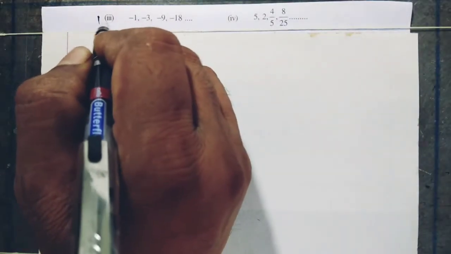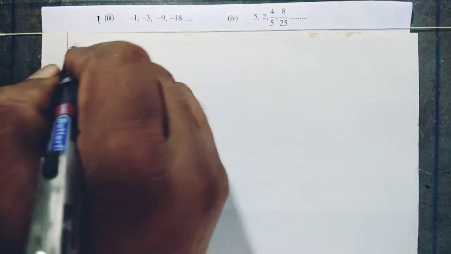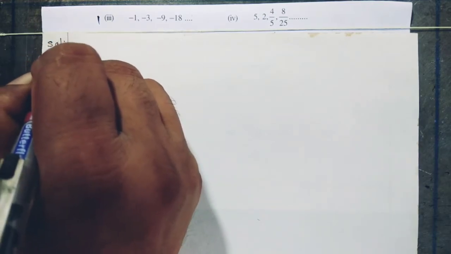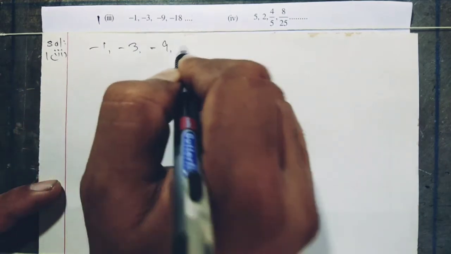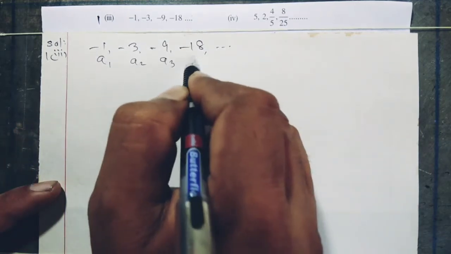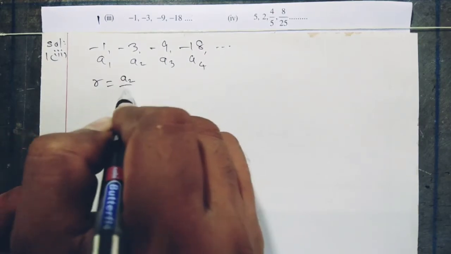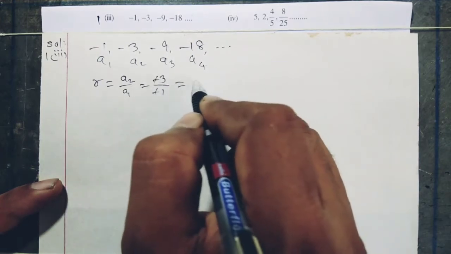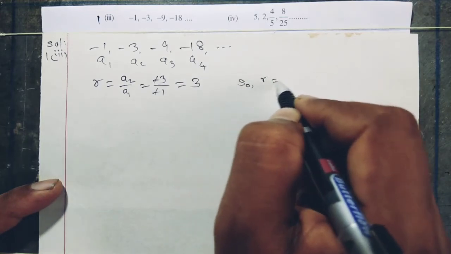First bit, third problem: minus 1, minus 3, minus 9, minus 18 and so on. Solution: given minus 1, minus 3, minus 9, minus 18 and so on. Here A1, A2, A3, A4. Common ratio R is equal to A2 by A1, minus 3 by minus 1 is equal to minus cancel 3, so R is equal to 3.